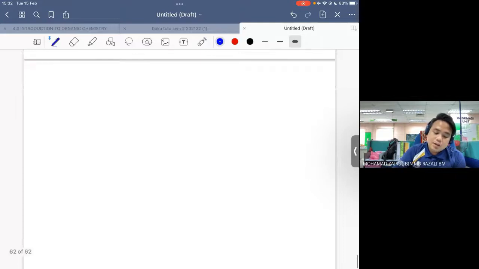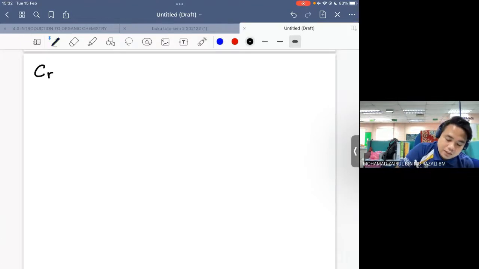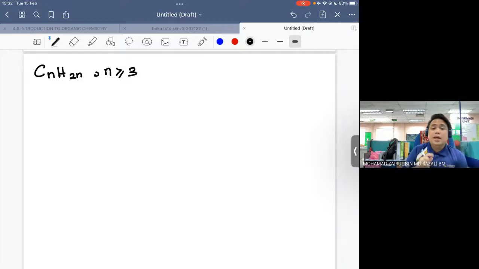So the first general formula yang boleh undergo functional group isomer is any compound having a general formula of CnH2n, where n is greater than or equal to 3. n refers to the number of carbon.